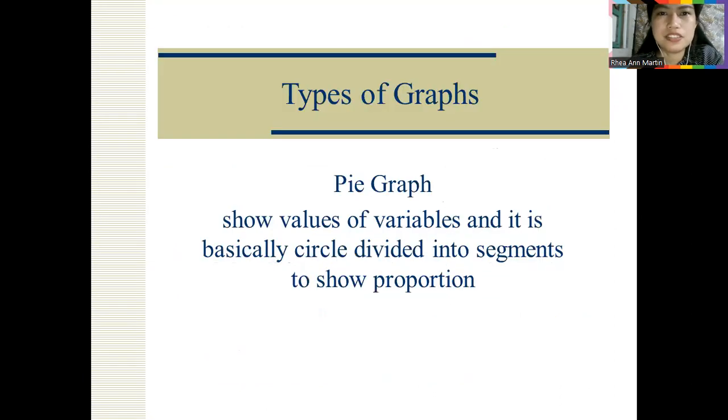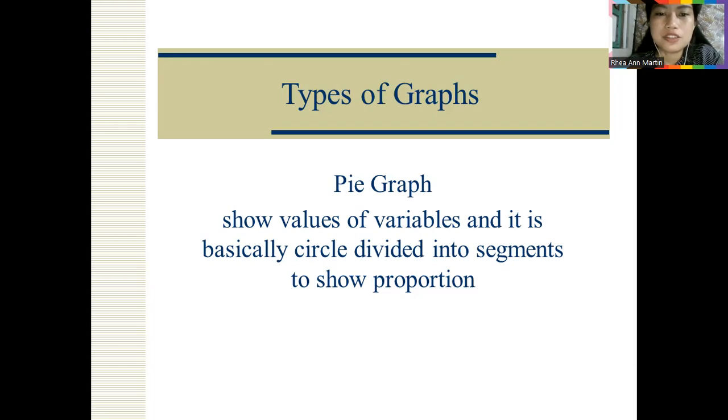Let's proceed. There are different types of graphs, and I will present them to you, but as I say, we will be focusing on the line graph. The pie graph shows values of variables, and it is basically a circle divided into segments to show proportion. Can you visualize the pie graph?